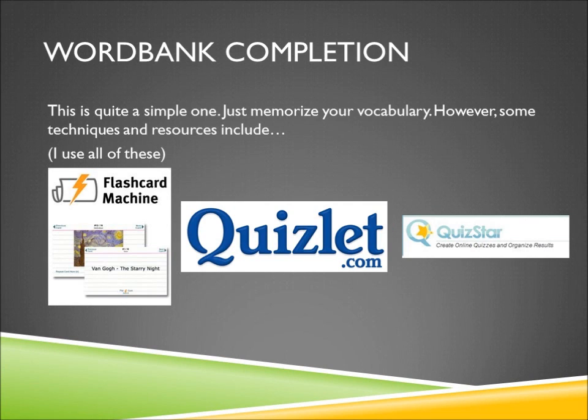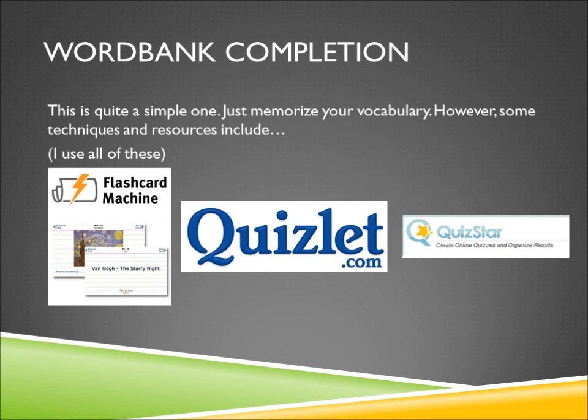So here are some of the resources I was talking about for word bank completion. Word bank completion is quite simple. Just memorize your vocabulary. Some techniques and resources include, and I use all these, by the way, the flashcard machine, very, very good.